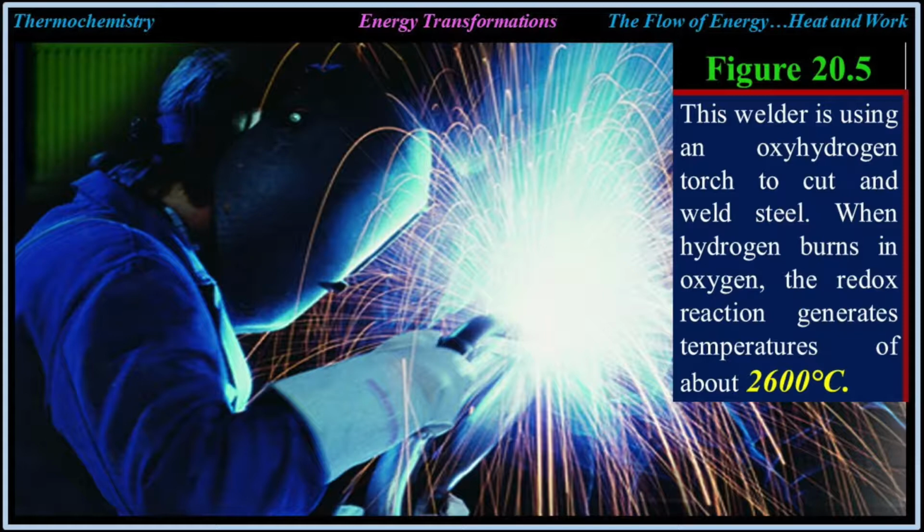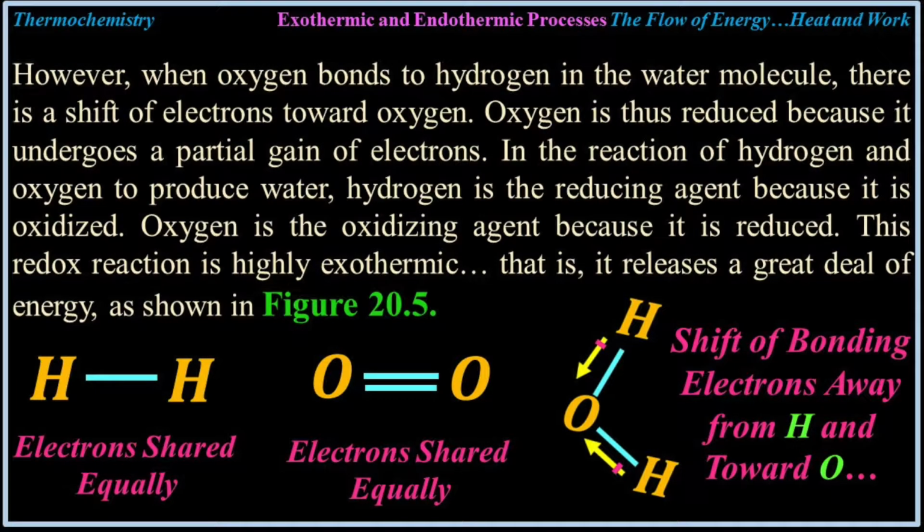When hydrogen atoms burn in oxygen, the redox reaction generates temperatures of about 2,600 degrees Celsius. However, when oxygen bonds to hydrogen in the water molecule, there is a shift of electrons towards oxygen. Oxygen is thus reduced because it undergoes a partial gain of electrons.